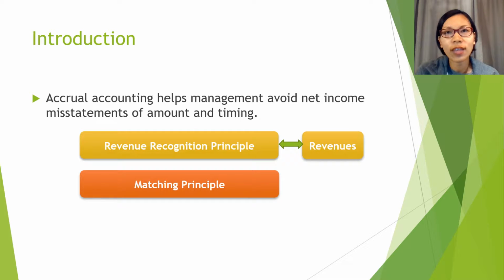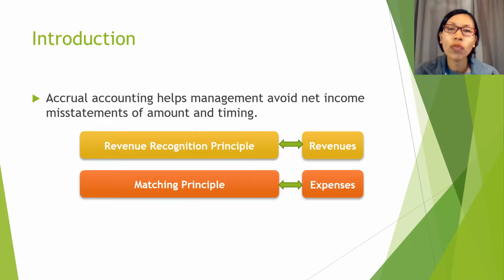The revenue recognition principle helps management record correct revenues in the correct amount and the proper accounting period, and the matching principle helps management record expenses in the right amount and accounting period.